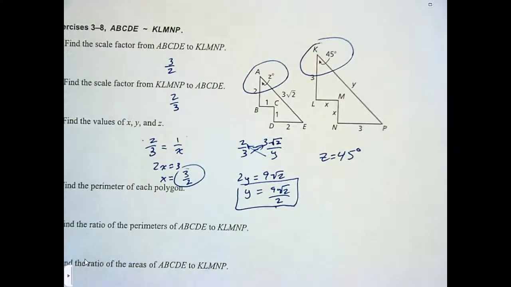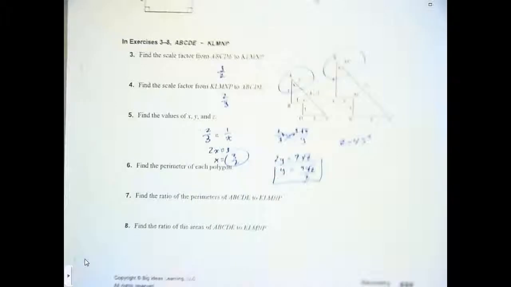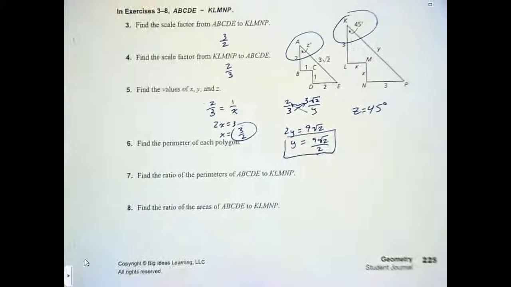Okay, questions on that one there? All right. Find your perimeter, the ratio of the perimeters, and then the ratio of the areas if you haven't done so.